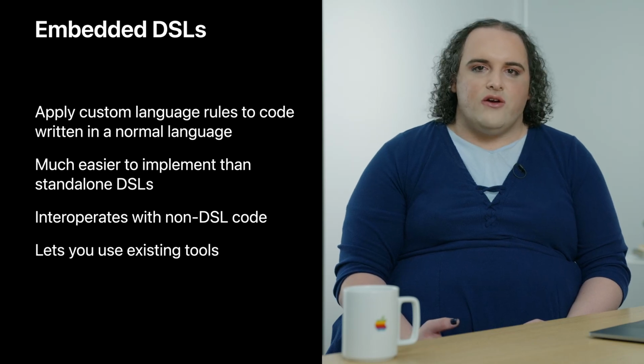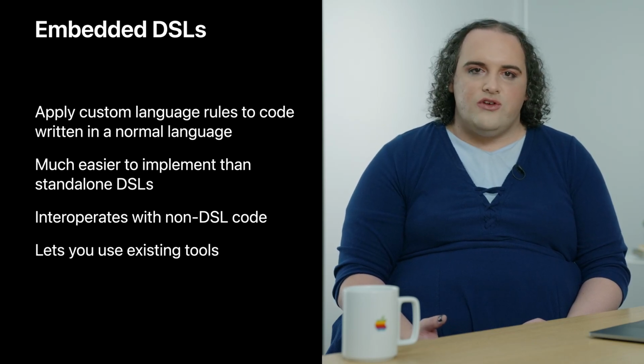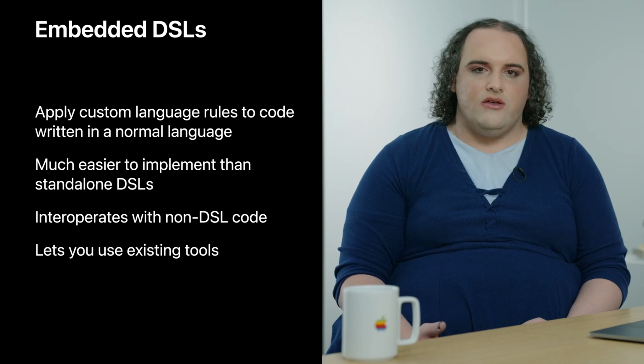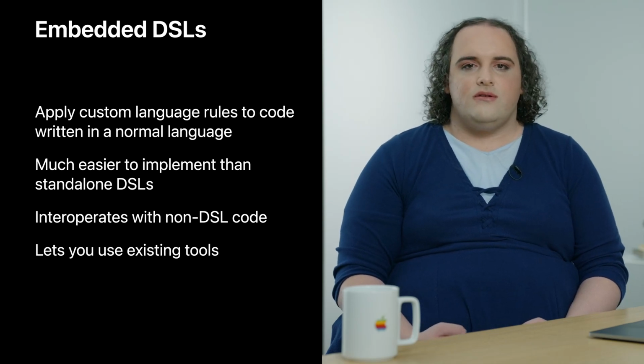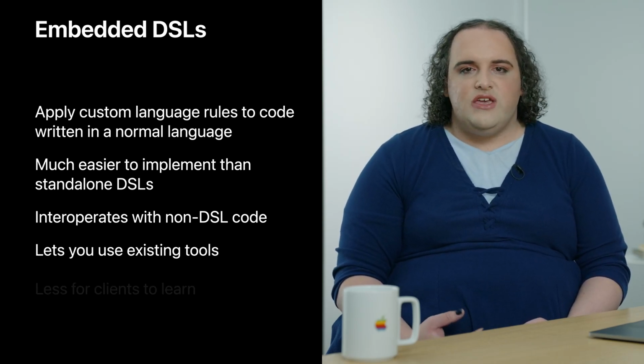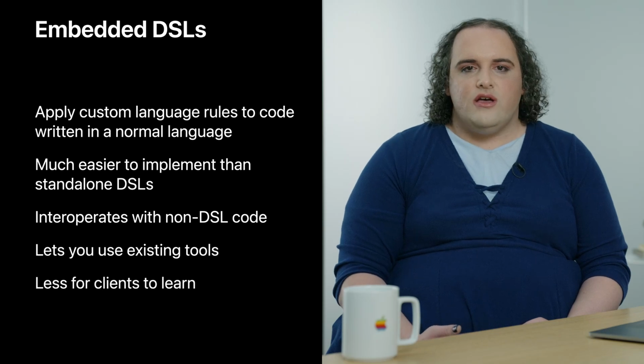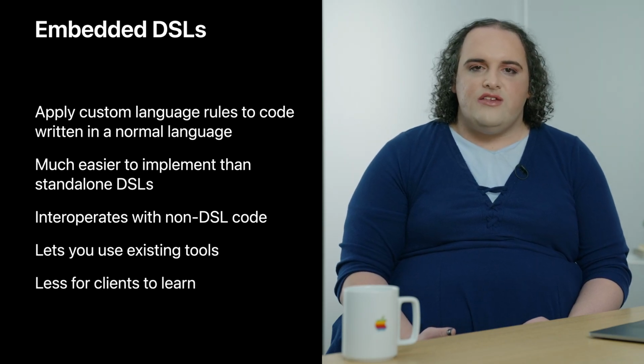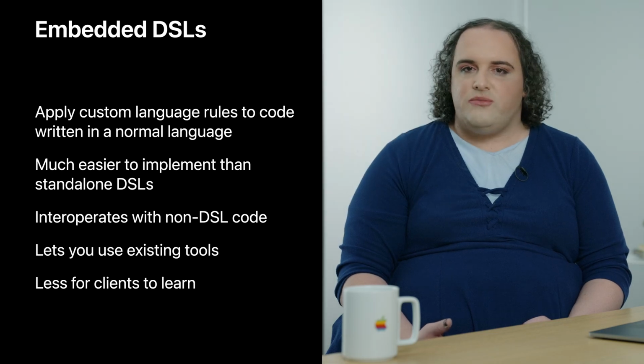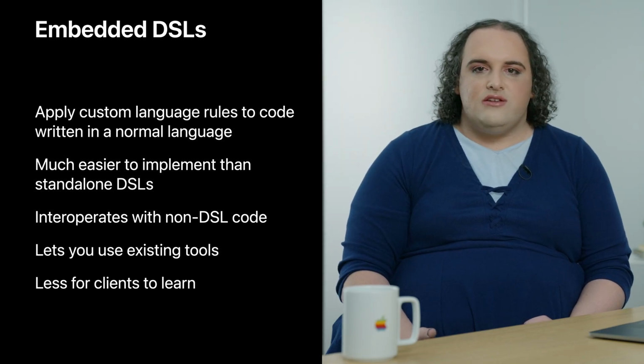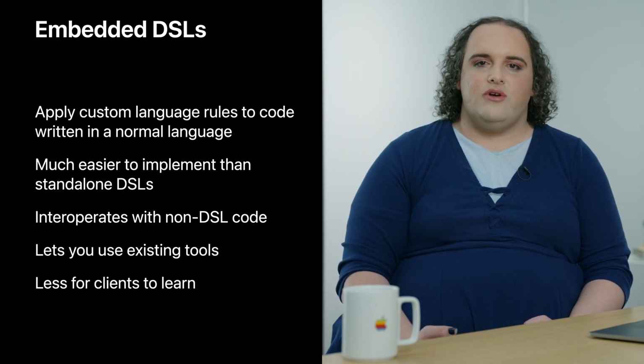You already have debuggers and editors for Swift, and those work just fine for a Swift DSL. If you wanted those for a standalone DSL, you'd have to write your own. And because you're starting from the host language, clients who already know that language have a lot less to learn. They already know how to declare a variable, or whether there's a space in else if. All they need to learn is how you've customized the language.